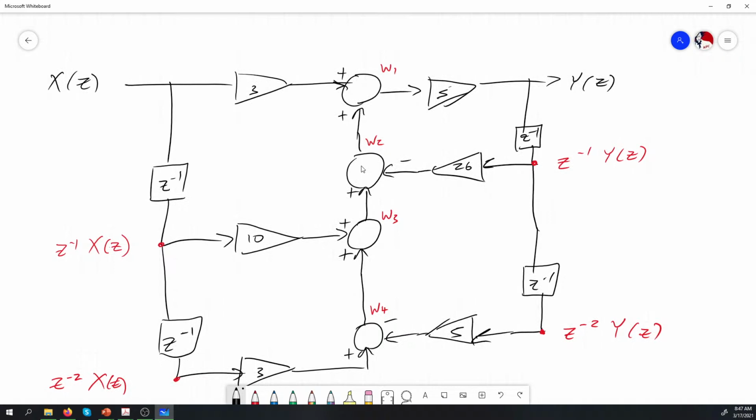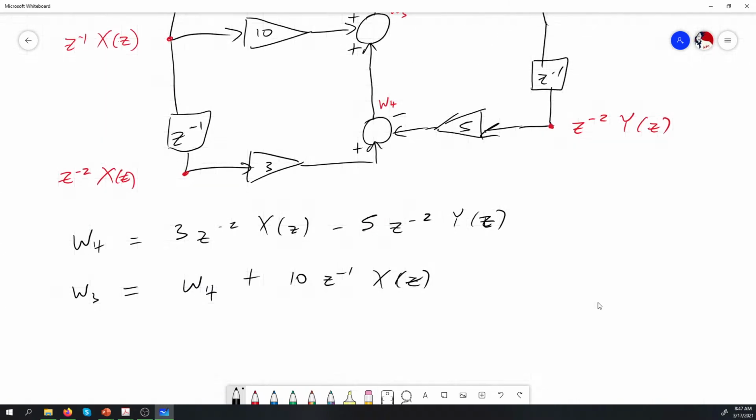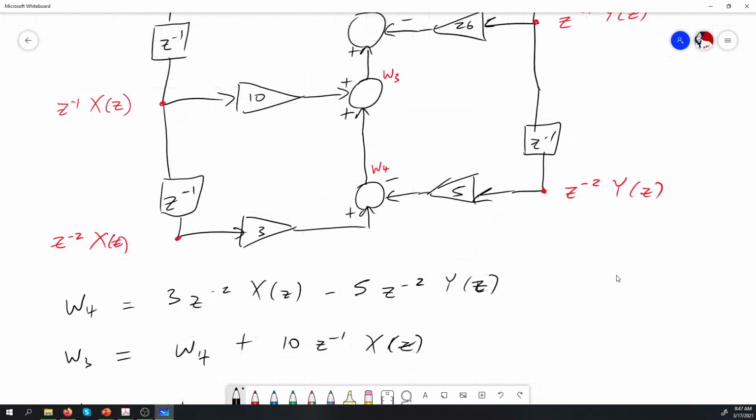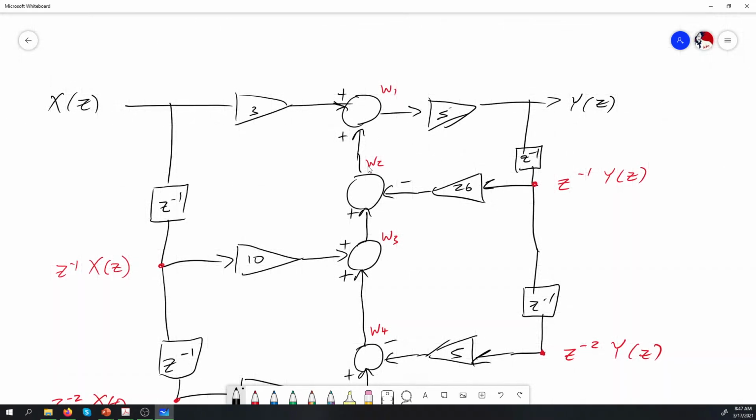Let's go up to W2 now. So W2 here is the addition of W3 minus 26 z to the -1 Y of z. Put that in. W2 is equal to W3 minus 26 z to the -1 Y of z. And then let's just watch W1 here, because now we have these three summation points already covered.